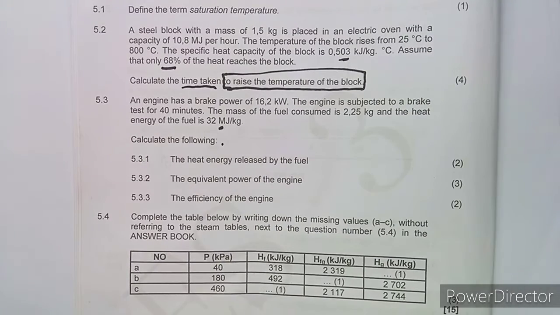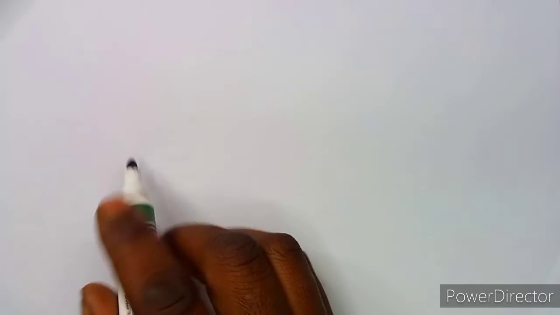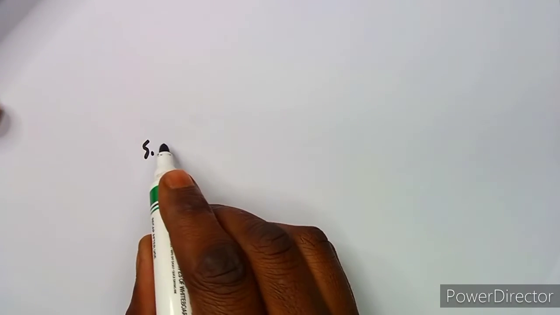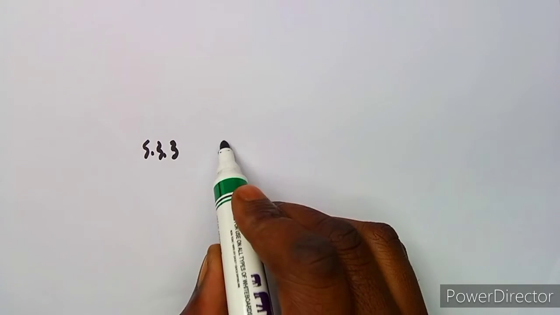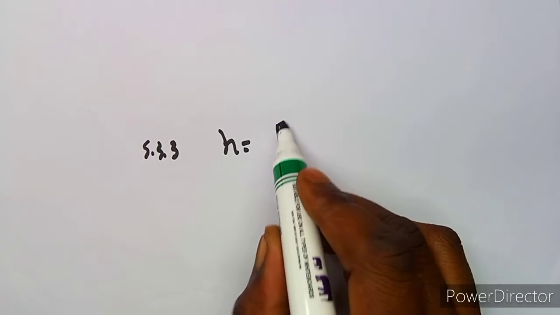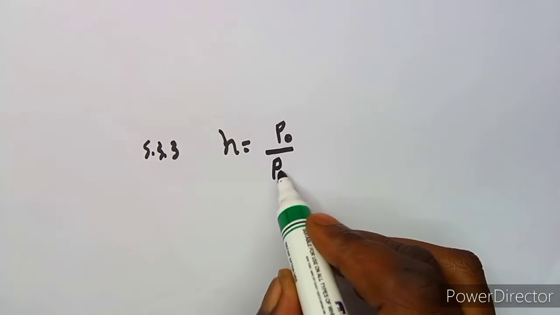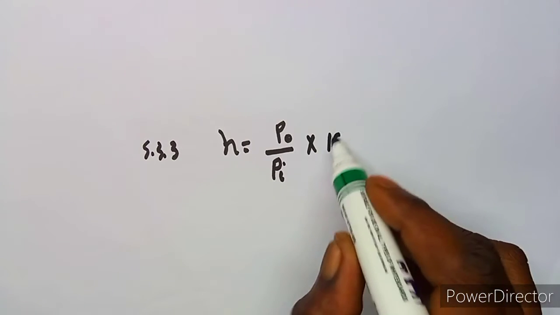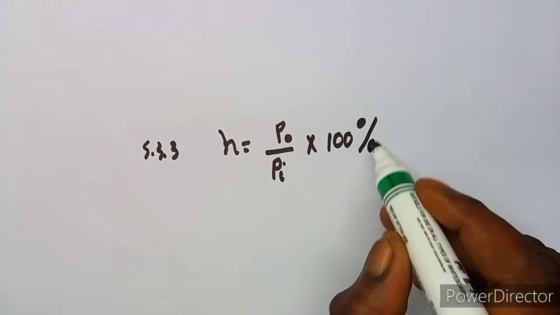Then on 5.33 we now need to have the efficiency of the engine. We know that efficiency is always output over input, so we're going to work with output power over input power times 100%. That is the efficiency.